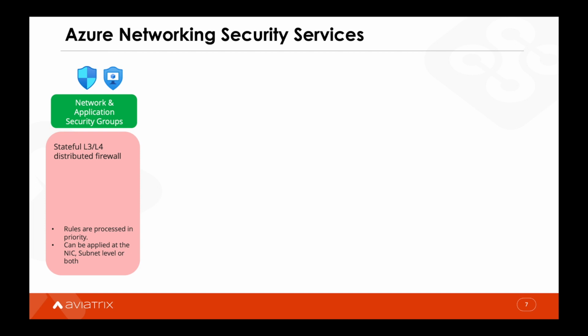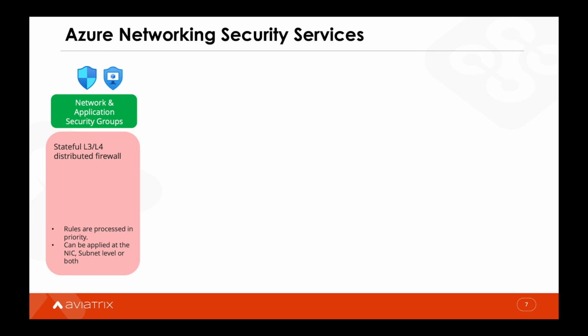Now, there is another construct called application security groups. This construct is used to group network interface cards together, regardless of the subnet or IP address associated with it. As long as the network interface cards belong to the same virtual network, they can be grouped under the same application security group. And this application security group can be used as the source or destination in a network security group.